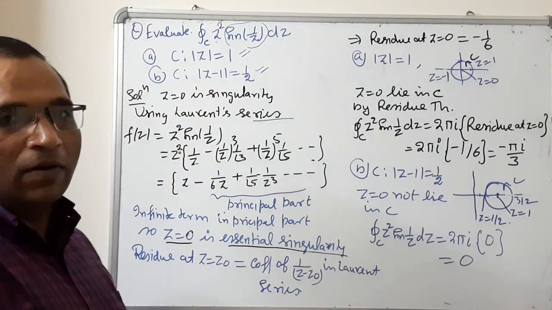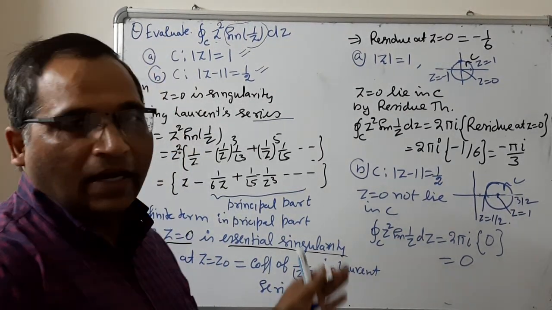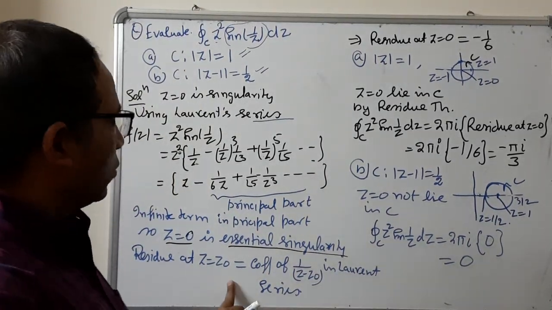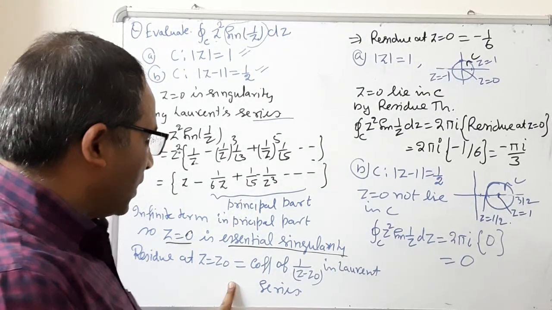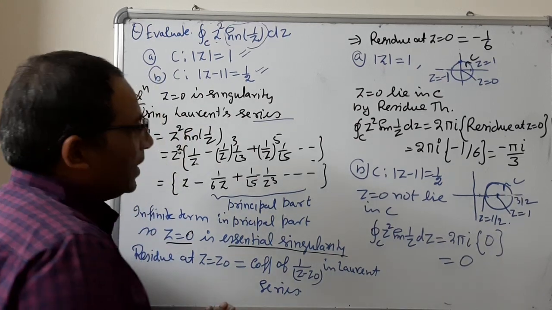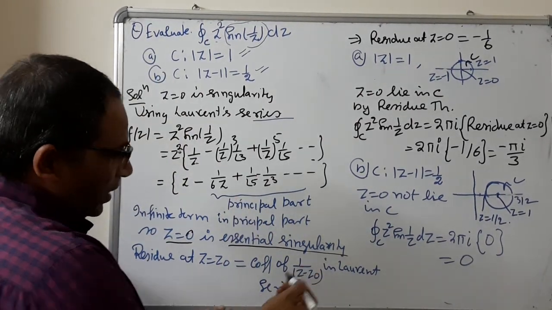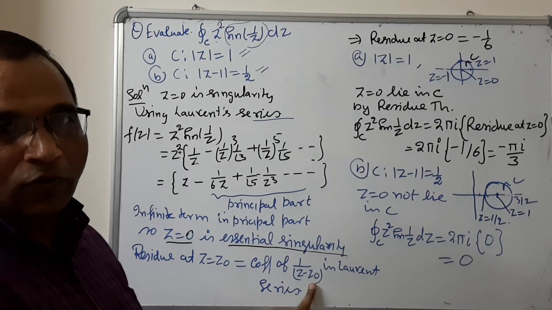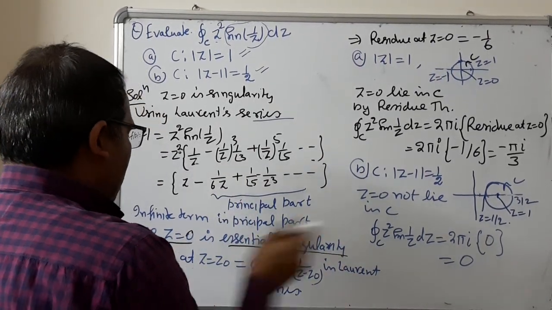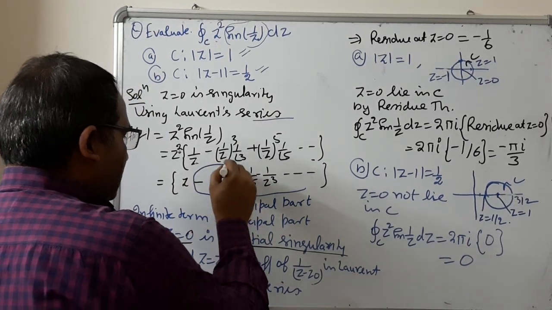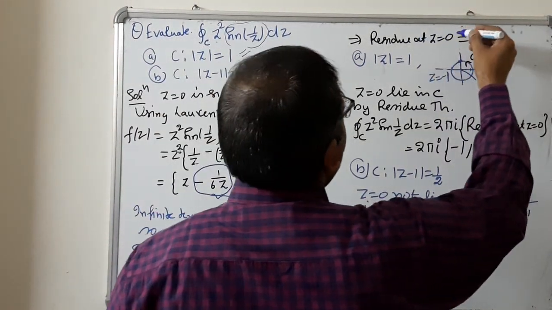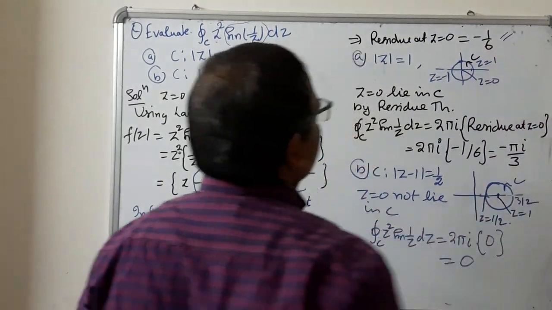The residue at z equal to z0 in the Laurent series is defined as the coefficient of 1 upon z minus z0, here z0 is 0, so the coefficient of 1 upon z. From this term you can see that the coefficient is minus 1 upon 6. So the residue at z equal to 0 is minus 1 upon 6.